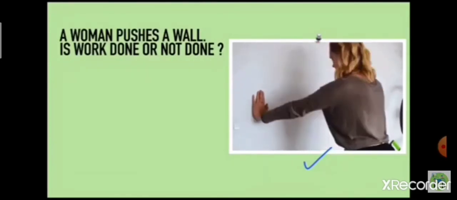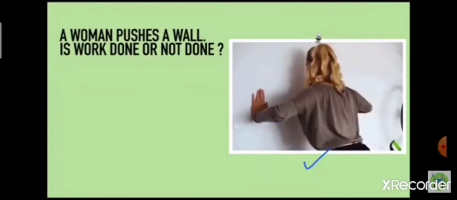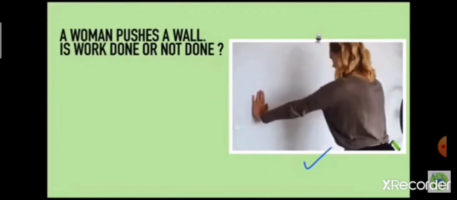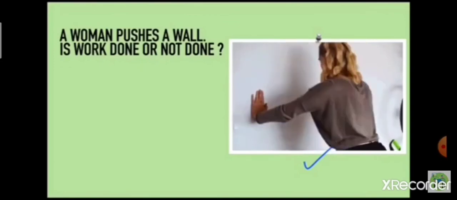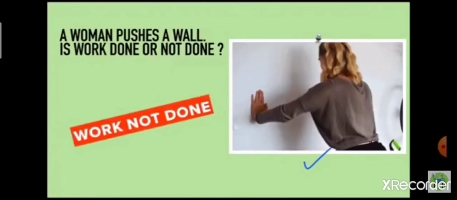Now we are going to see the formula for work. We have understood what is work. Now let us see the formula for work. Work is equal to force multiplied by displacement. Here in the blue box, it is given work is equal to force, the force which we are applying, multiplied by displacement.